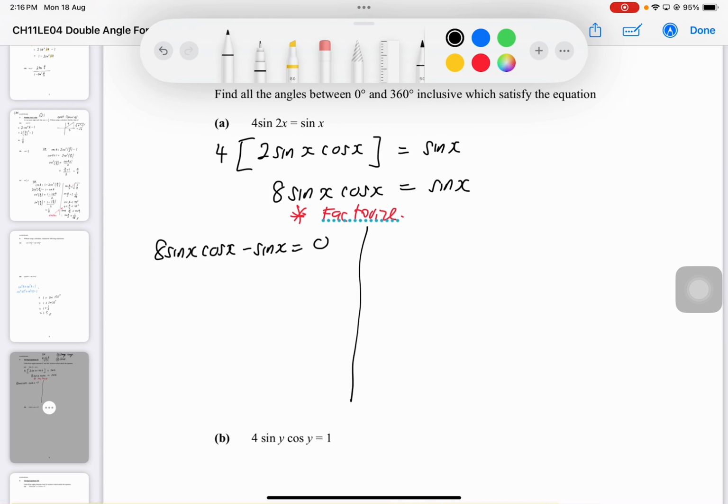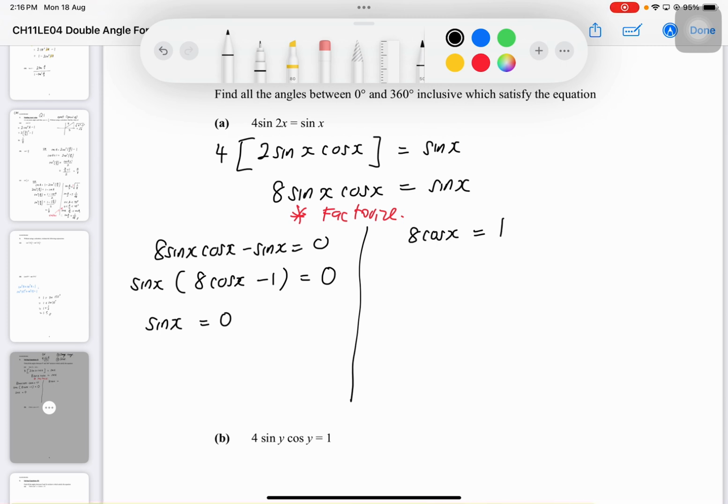Factorize sine x out: sine x times (8 cos x minus 1) equals 0. Okay, and I'm going to solve. Sine x equals to 0, and the other option is 8 cos x equals to 1. So I have 2 solutions.